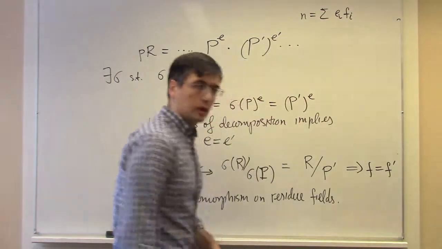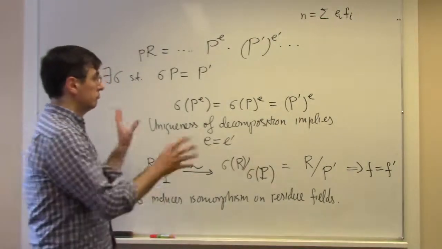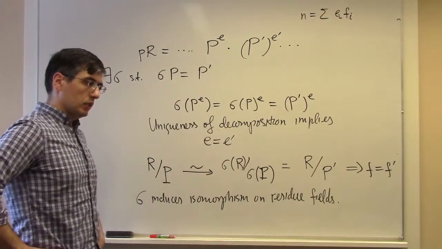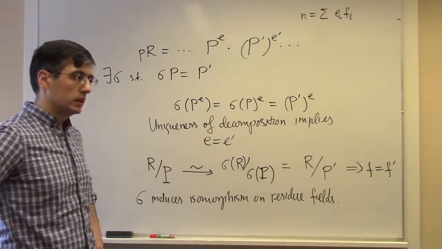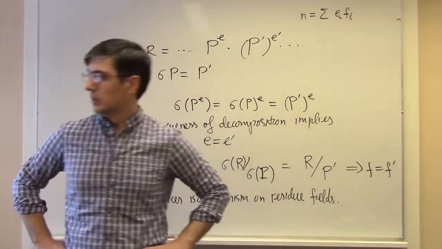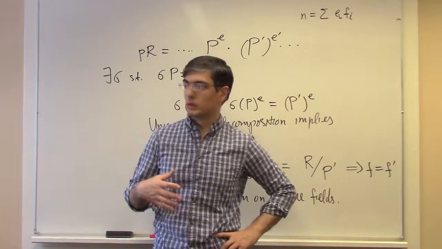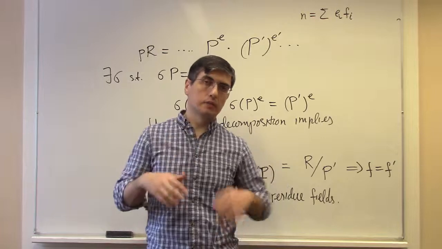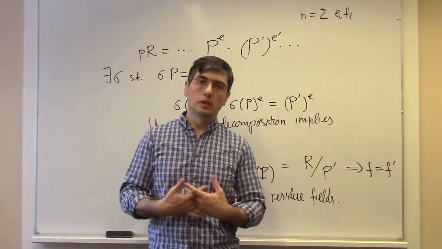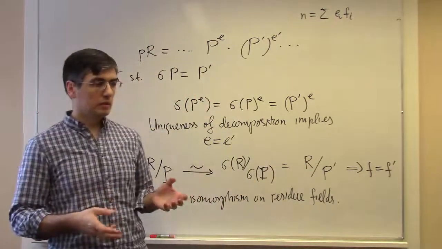Right, so I'll stop here. We will continue on Tuesday. I will define certain subgroups of the Galois group, the so-called decomposition group and inertia group, and from this we will deduce some important results.